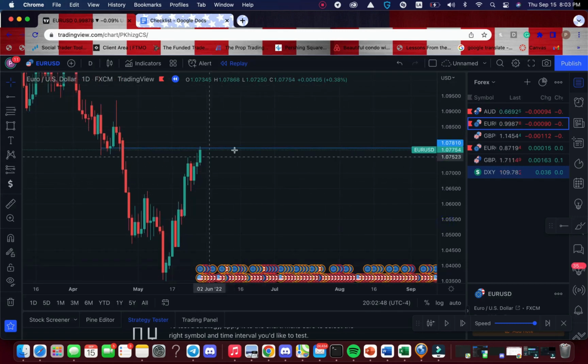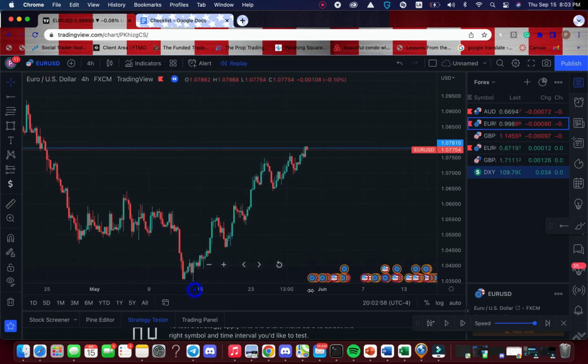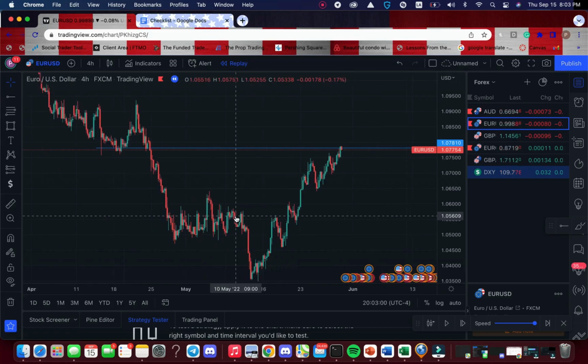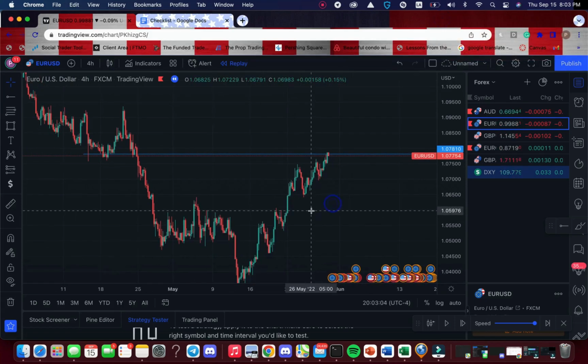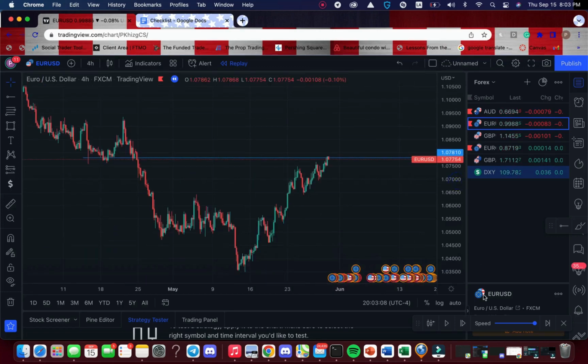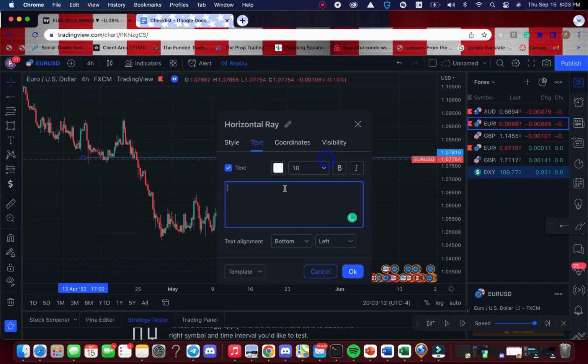Now that we see on a daily that there is some institutional resistance in this area and we're expecting some type of rejection, we go on the lower time frame to see if there's any confirmation of that, and on the lower time frame there's not really anything clear. So what we do is we just let price do its thing and try to see if price does reject off our daily institutional resistance levels.